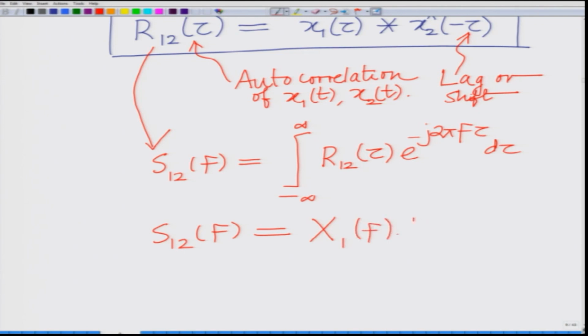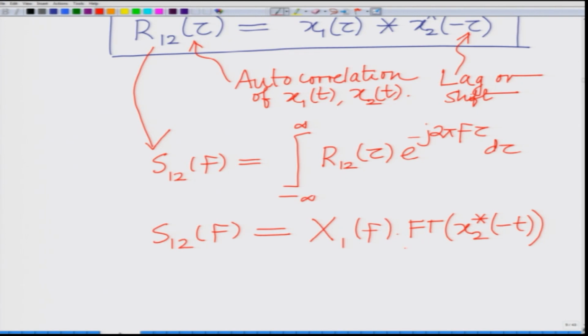Therefore, from the property of convolution, S12(f) is X1(f) times the Fourier transform of x2 conjugate of minus t. Now we have to derive the Fourier transform of x2 conjugate of minus t.